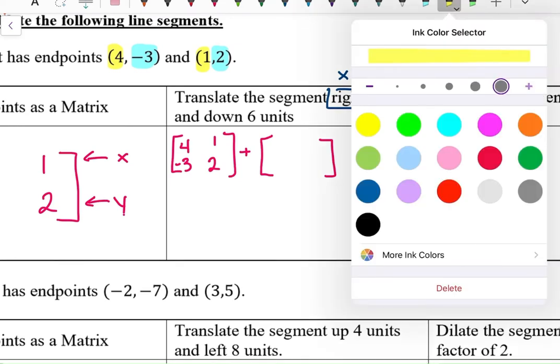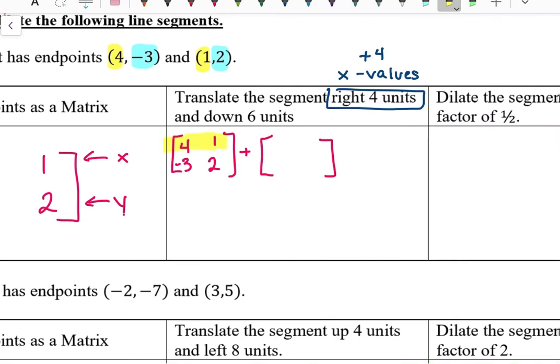Now remember that x values are on the top. So if I want to add 4 to those x values, I'm going to want to put 4 on top. And you don't have to put the plus sign. I'm just putting a plus so we remember that we're adding 4. Next, I'm looking at the down 6 units. When we're talking about going down on a graph, that means that you are affecting the y values.